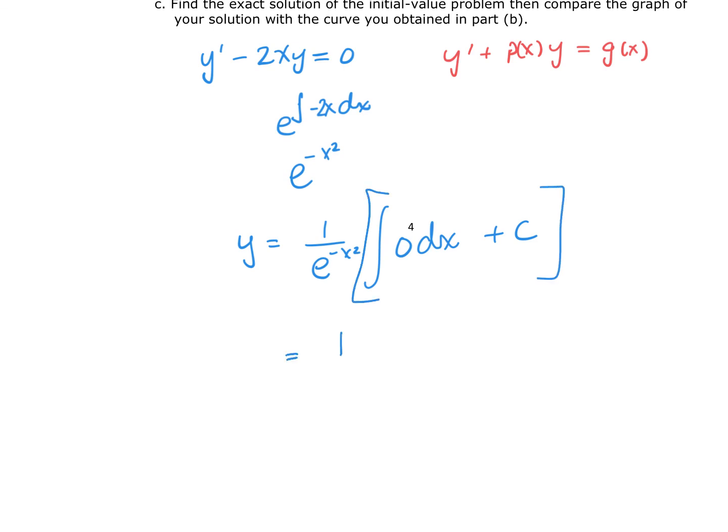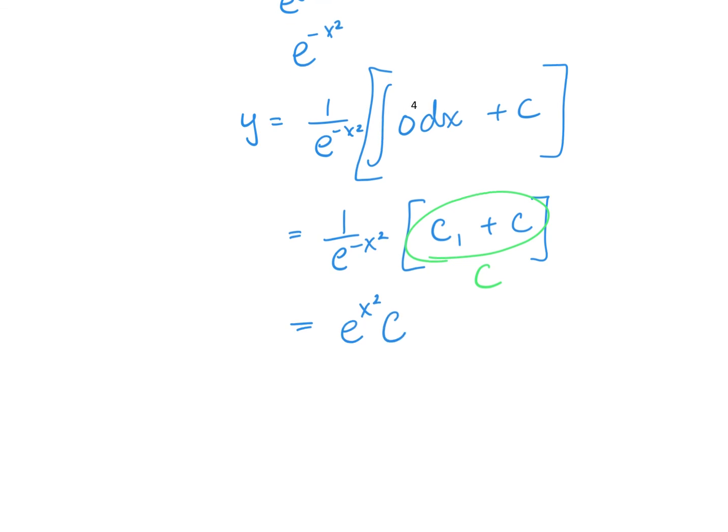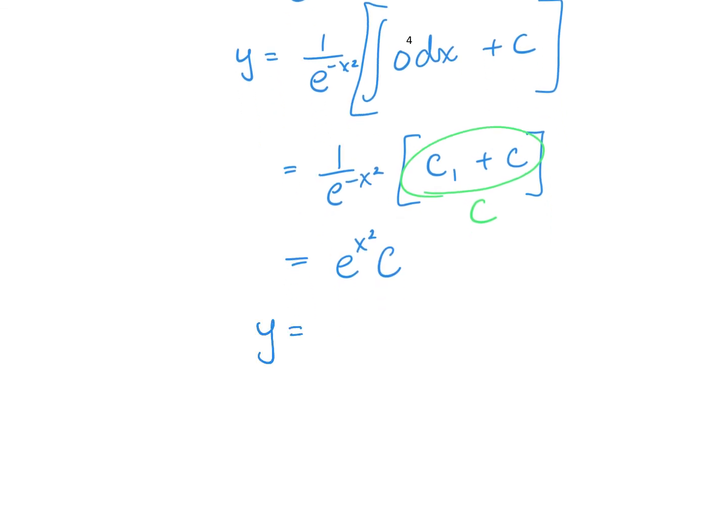So what I have is 1 over e raised to the negative x squared, and I have a constant, I'm going to call this one a constant 1 plus this other constant, which means what I really have, I'm going to add these together, and that's just a constant. A constant plus a constant is just a constant. So then this is equal to e raised to the positive x squared, because of negative exponents, multiplied by my constant c. So what I have is y is equal to c e raised to the x squared.